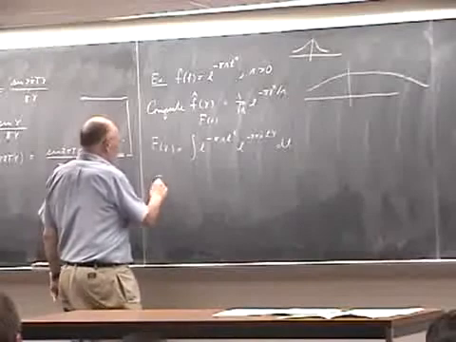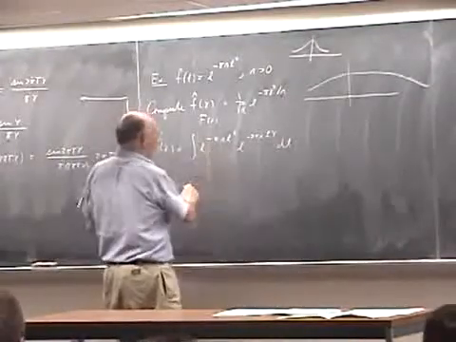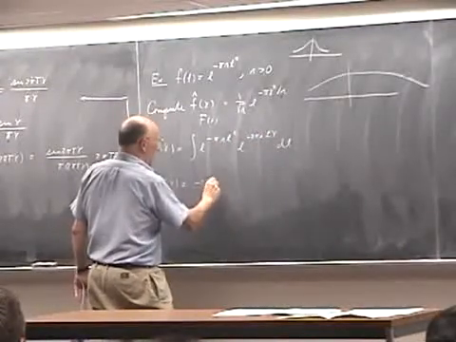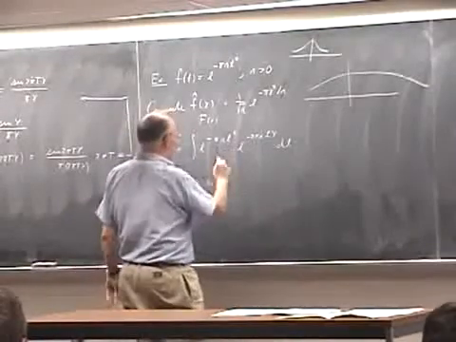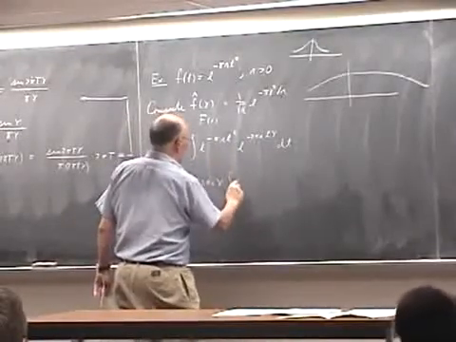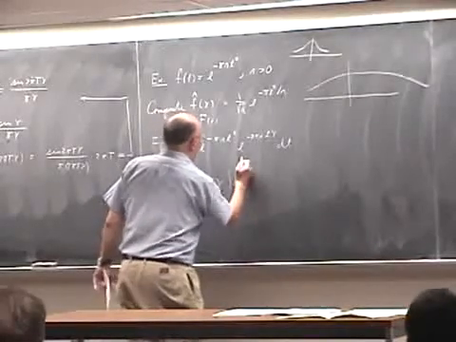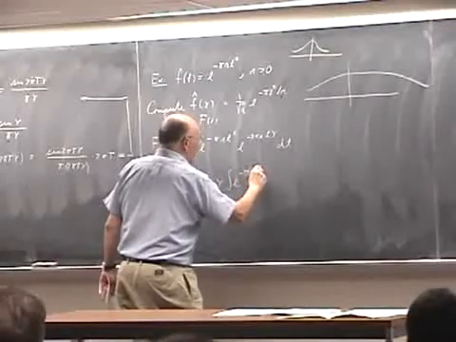F hat prime of gamma is equal to, well, that's still going to be the same, and I'm going to have a minus 2 pi i, and then the integral of e to the minus pi r t squared.